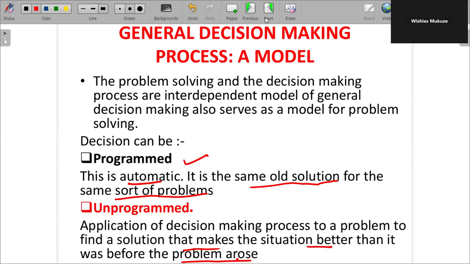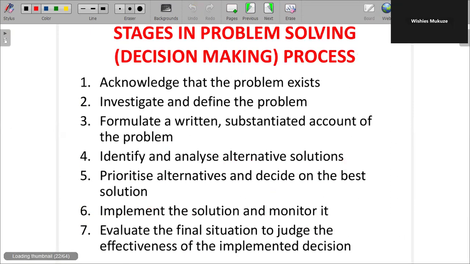So I'm going to move on to the stages in the decision making or problem solving process. The first stage is whereby you acknowledge that the problem exists. Here you are confirming that there's a problem.